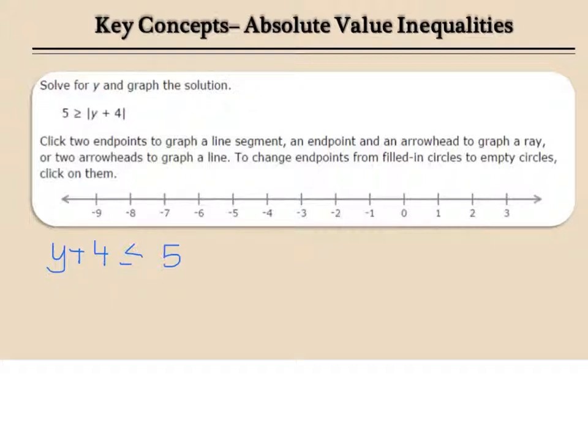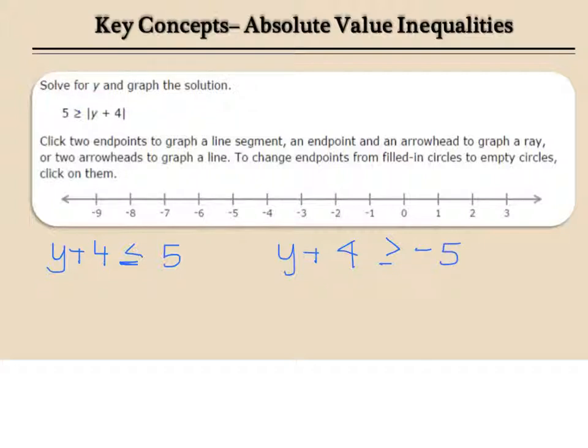Notice my pointy end was pointed to the y, so when I rewrote it, it's still pointed to the y. Now because the absolute value was less than 5, or less than the number, it is an "and" inequality. So I write this one, and then I write y plus 4 is greater than or equal to negative 5.